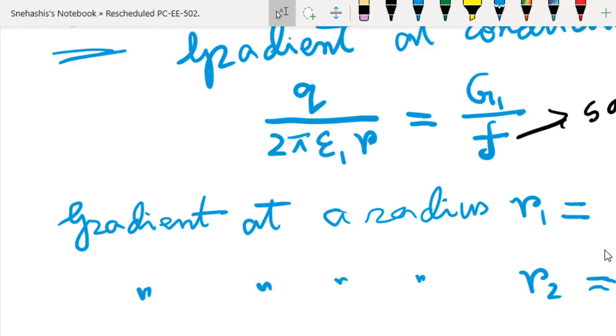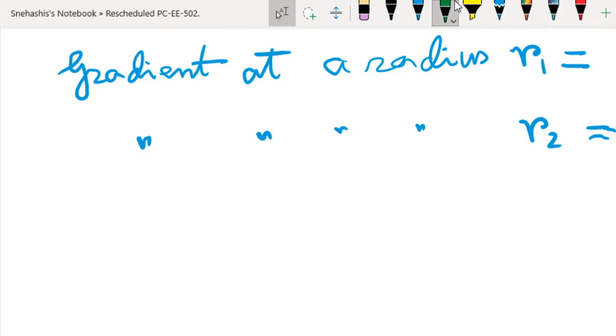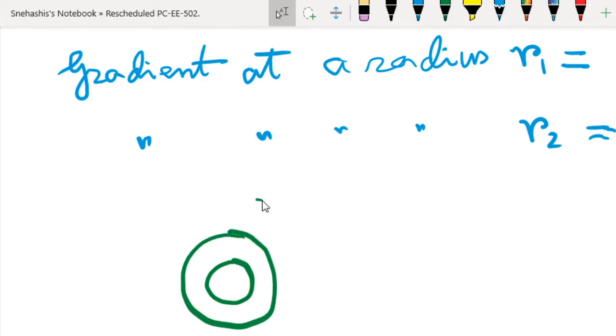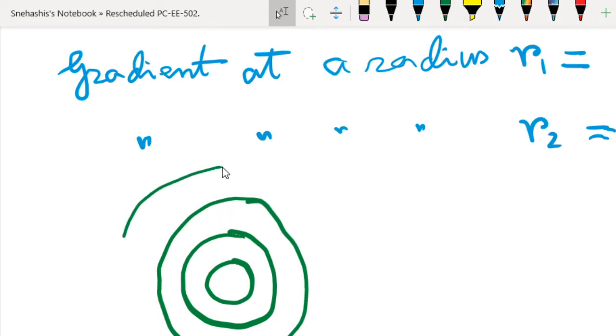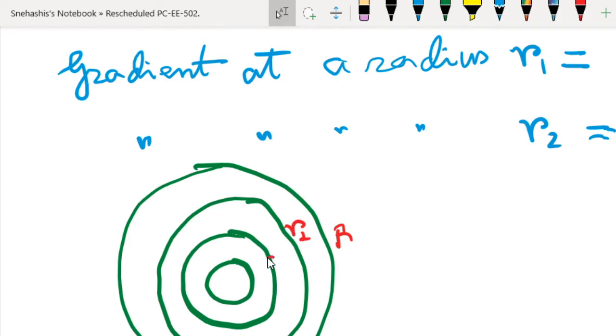Okay, so basically we have an arrangement. This is your core, this is your radius r1, this is your radius r2, this is the overall radius capital R. Now this is your core material.